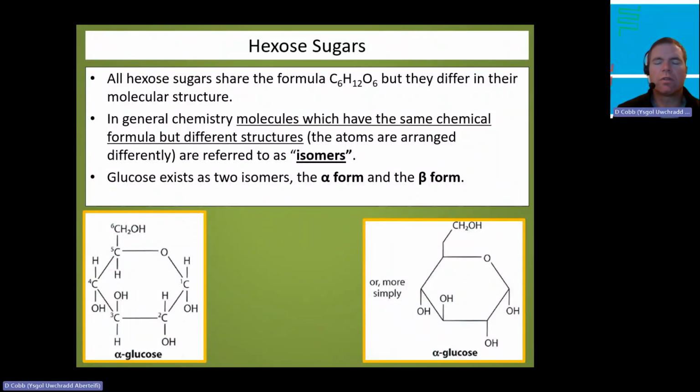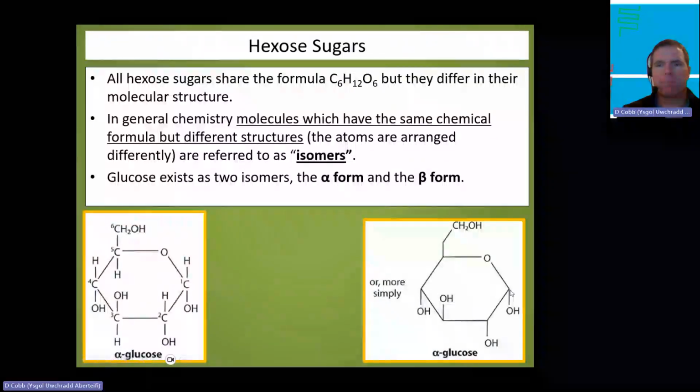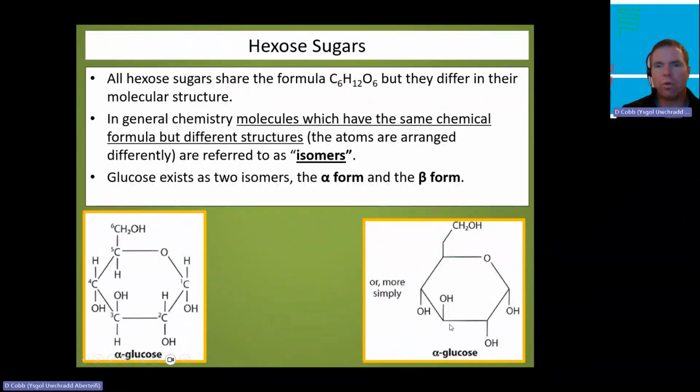Because organic molecules are always carbon-based and have lots of hydrogen, we have a way of representing molecules in which, if you see a corner, an angle, we just assume there's a carbon there. So every time there's a corner on this ring structure, or indeed on this ring structure here, we say there's a carbon there.